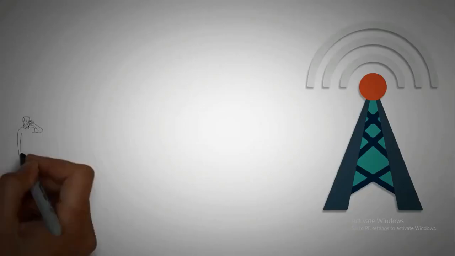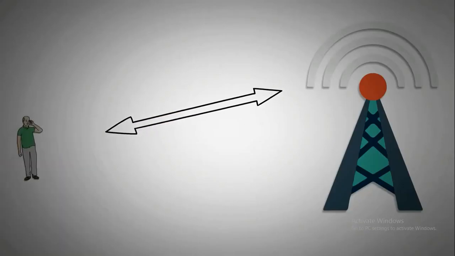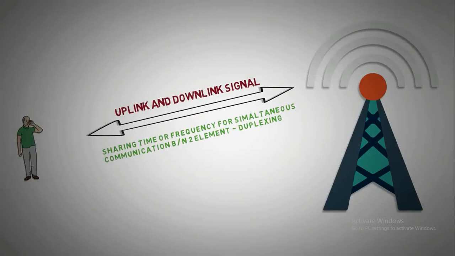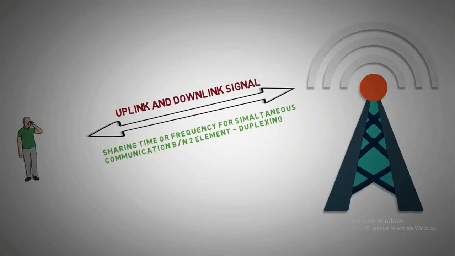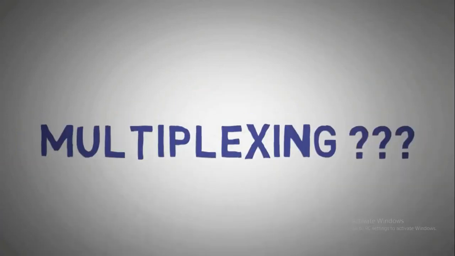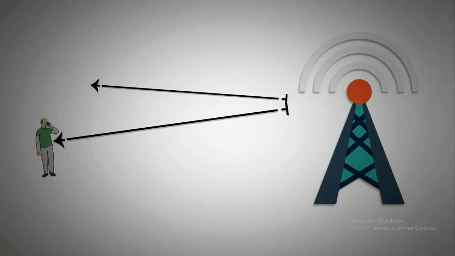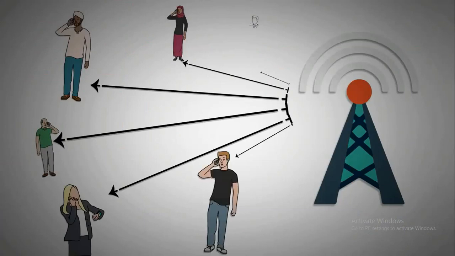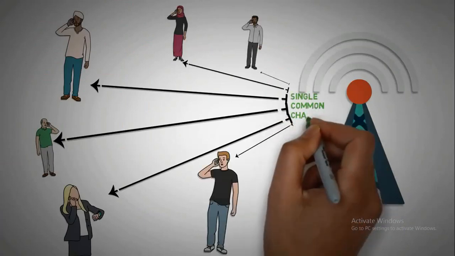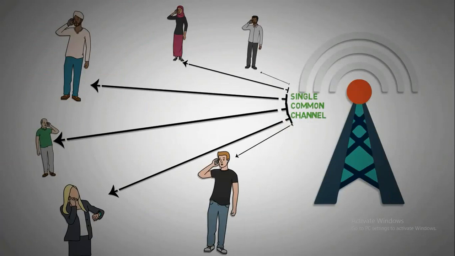In the last video we showed how two signals were combined over a common pathway in duplexing. So, what exactly is multiplexing? Multiplexing is the process of combining multiple signals and transmitting them over a common channel. Then what is multiple access? When multiplexing is used to allow multiple users to communicate over a single common channel, we call it multiple access.